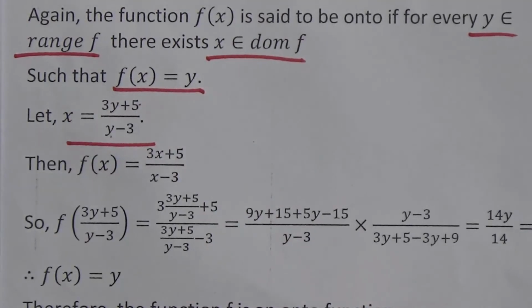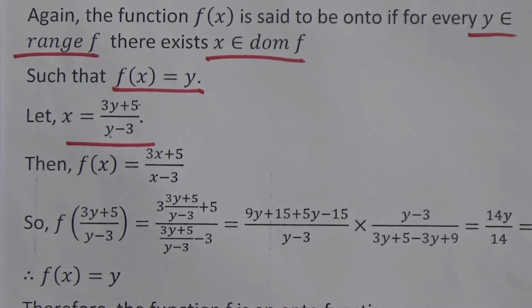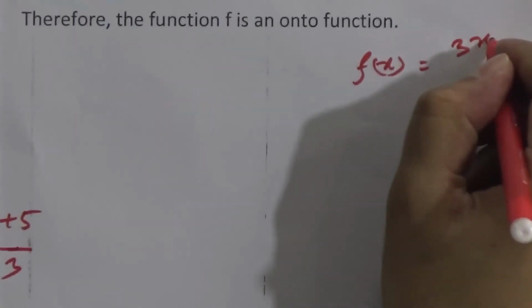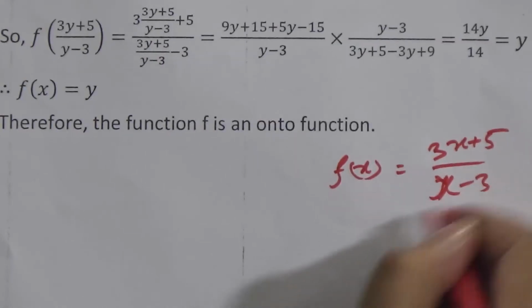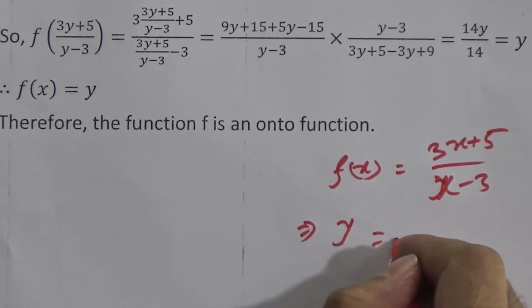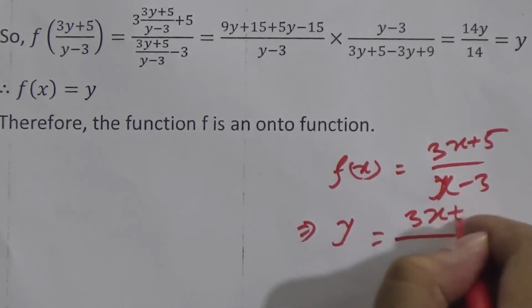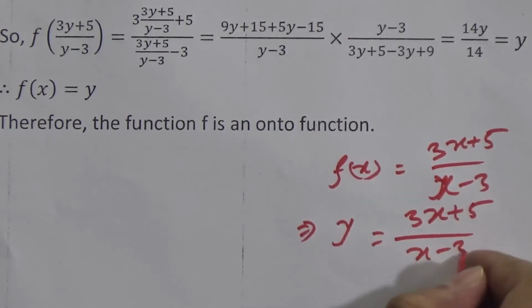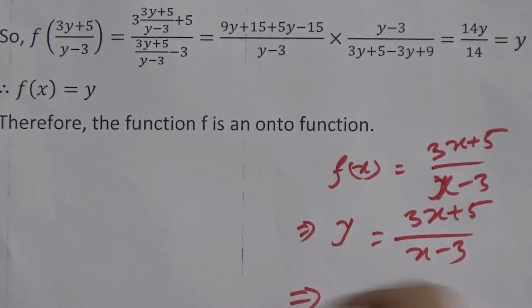Here the given function is f(x) equal to (3x plus 5) by (x minus 3). You can consider f(x) equal to y, then you will get (3x plus 5) by (x minus 3). Now you need to determine the value of x from this.